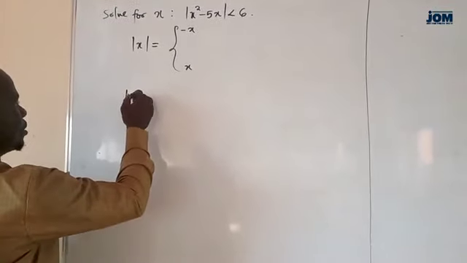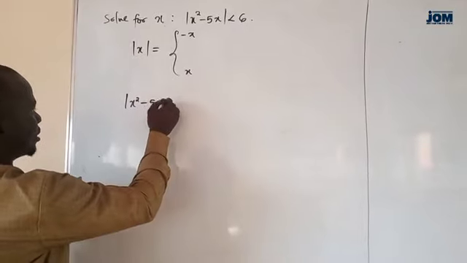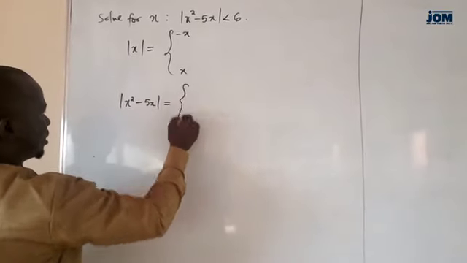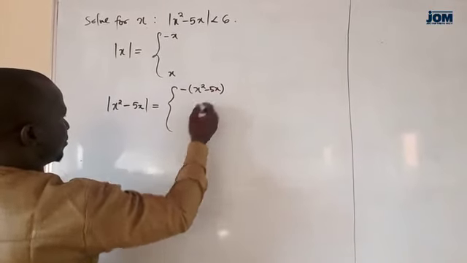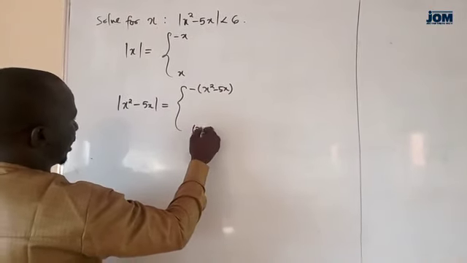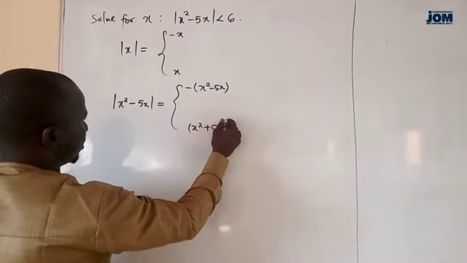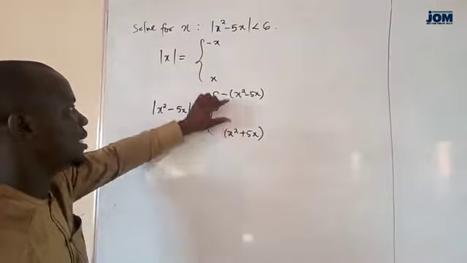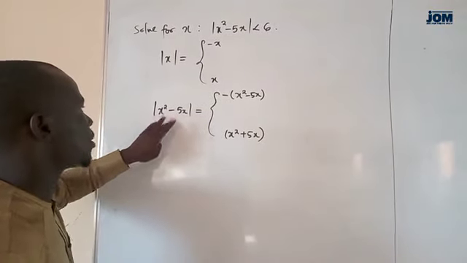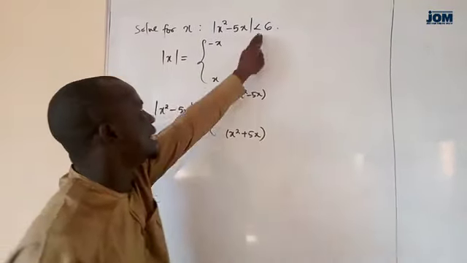This becomes x squared minus 5x, now defined as minus (x squared minus 5x) or x squared minus 5x. So one is positive and one is negative. Therefore, we have to solve this individually. But remember, I said the absolute value of x squared minus 5x is less than 6.